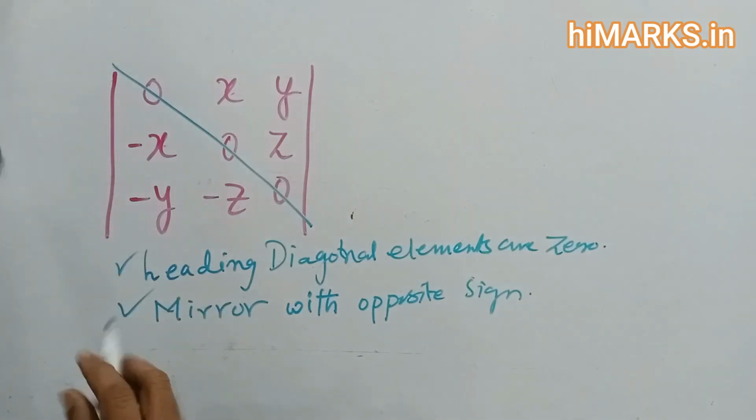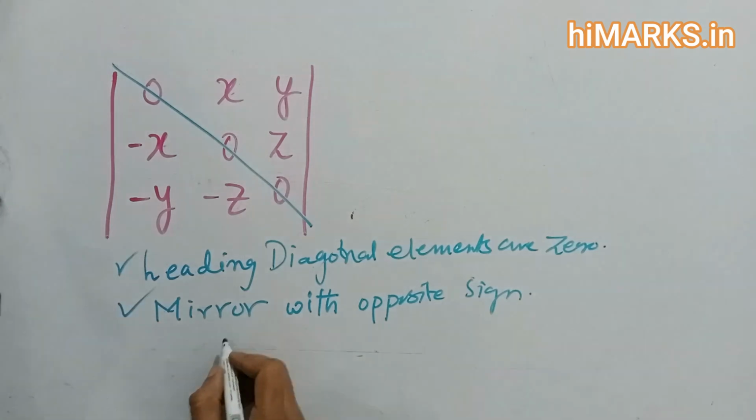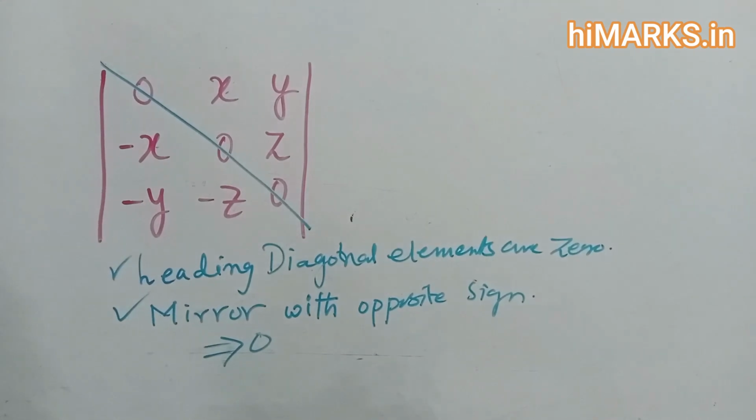With these two properties, this kind of matrix leads to the result 0.